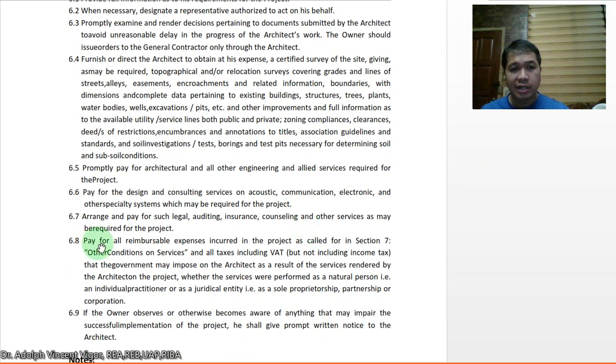Okay, I have here 6.6: pay for the design and consulting services such as acoustic, communication, electronic, and other specialty systems which may be required for the project. So if the project is becoming more and more complicated, they require a lot of design and consulting services.